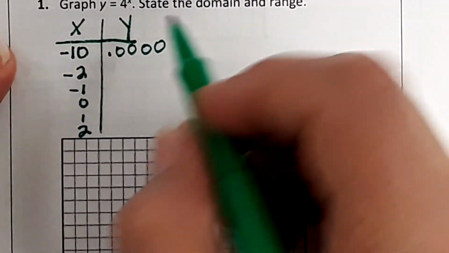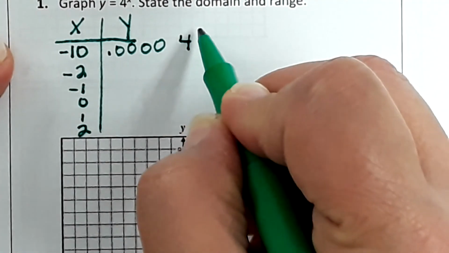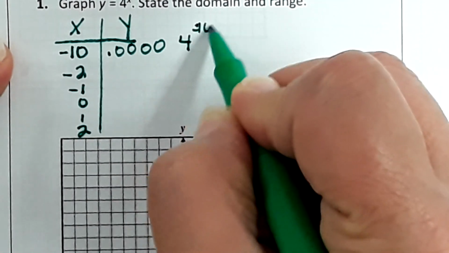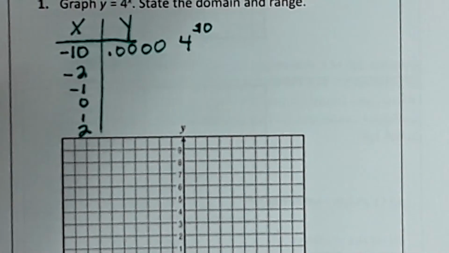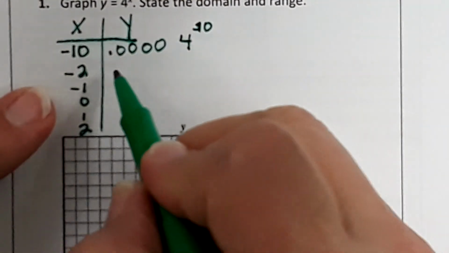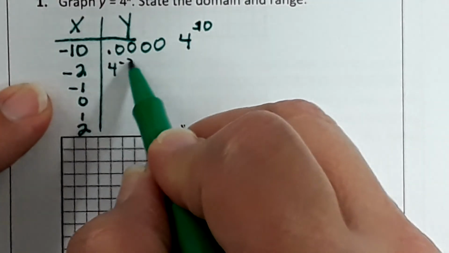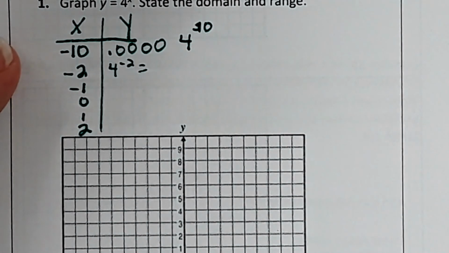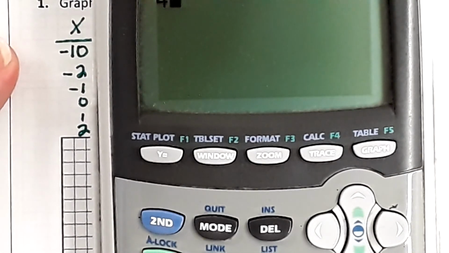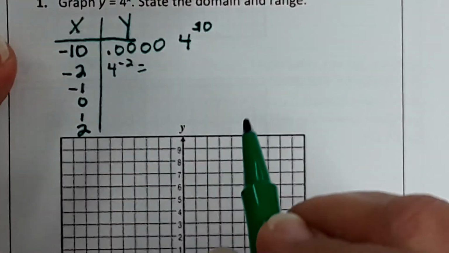I just want to make sure 4 raised to the -10th is like 0.000. So that's a good indication. Now we're going to do 4 to the -2. Did you guys get, what did you get?